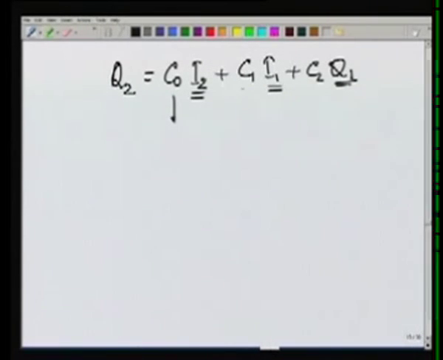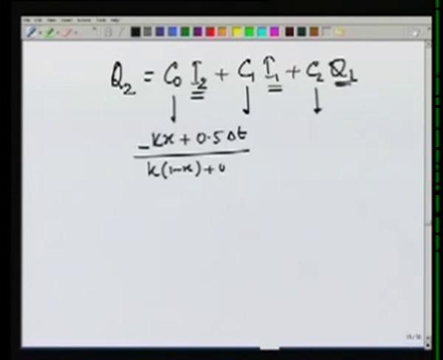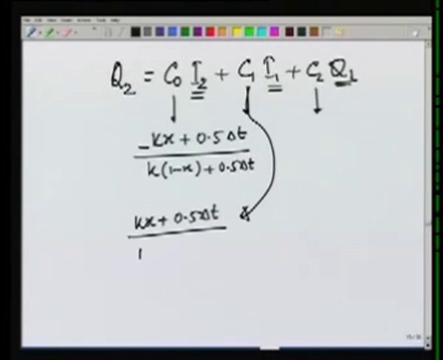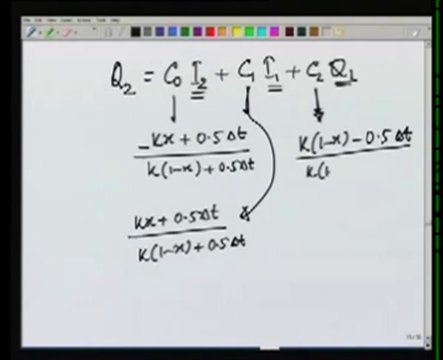These constants C0, C1 and C2 are given as: C0 is minus Kx plus delta t by 2 over K(1 minus x) plus delta t by 2, C1 is expressed with Kx plus delta t by 2, and C2 is given as K(1 minus x) minus delta t by 2 over K(1 minus x) plus delta t by 2.